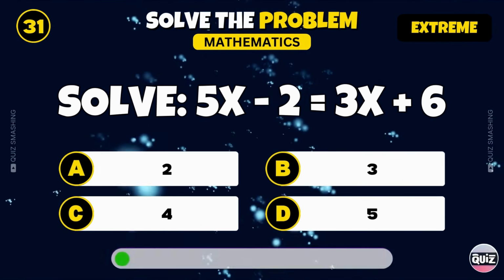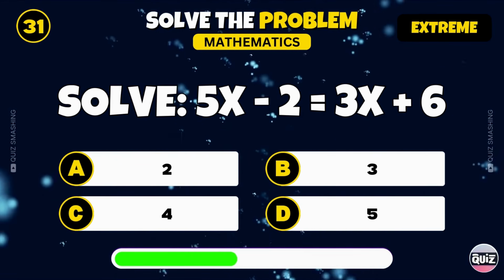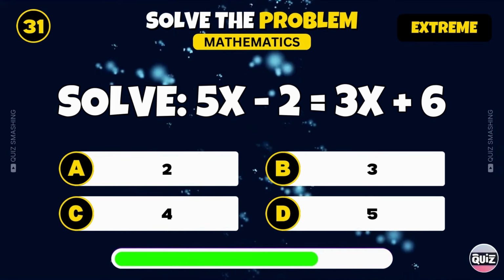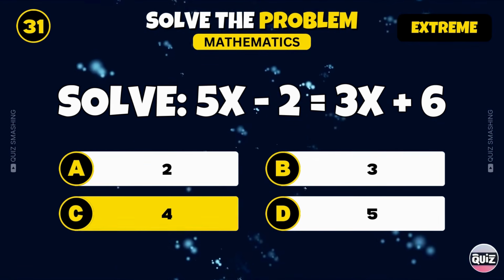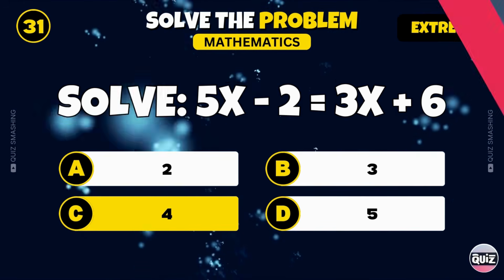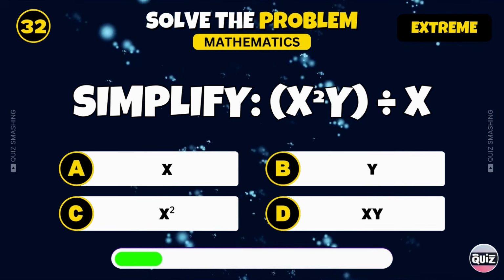Solve 5x minus 2 equals 3x plus 6. Nice. x equals 4. Simplify (x squared y) divided by x.